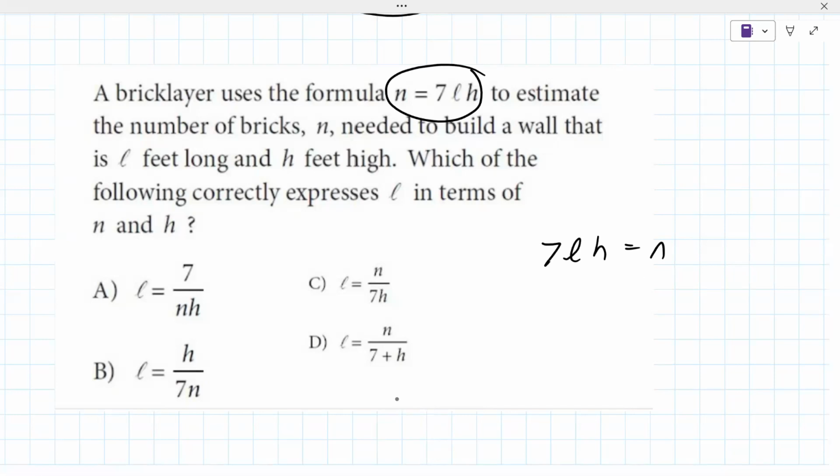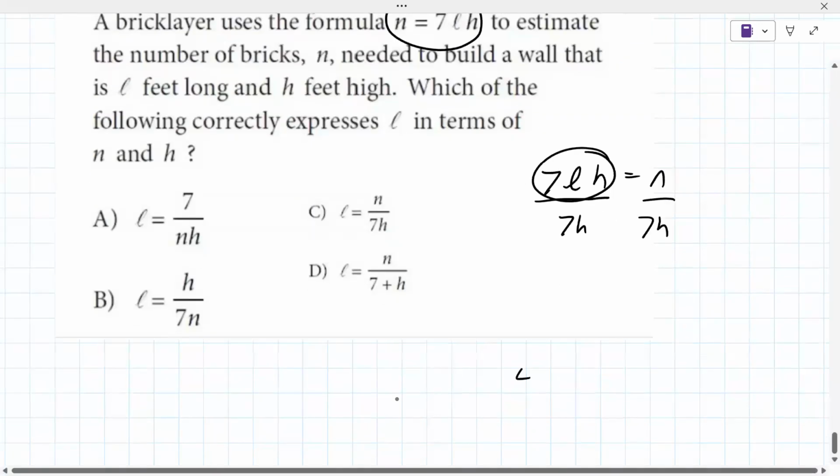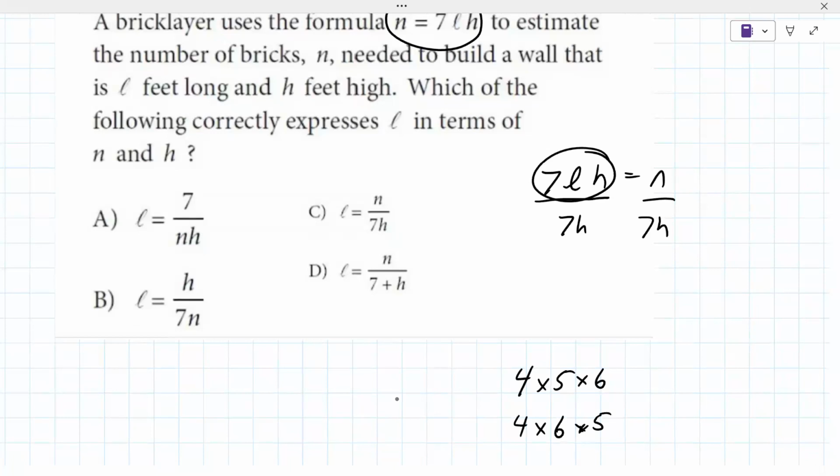So you're dividing both sides by 7 and 8. They're just squeezed together because you can rewrite this. Maybe that's what the issue is. If I asked you to multiply 4 times 5 times 6, could you do 4 times 6 times 5 and get the same result? Do these give you the same answer?